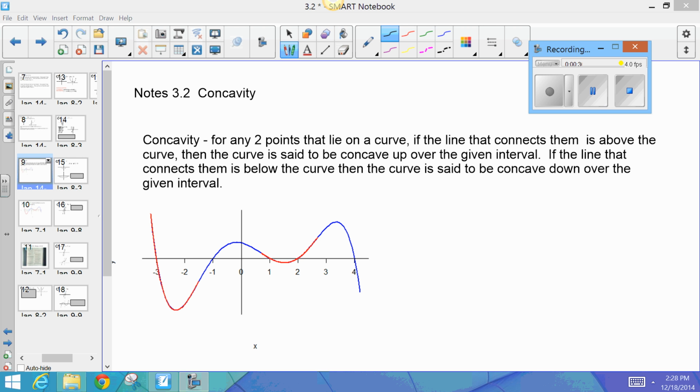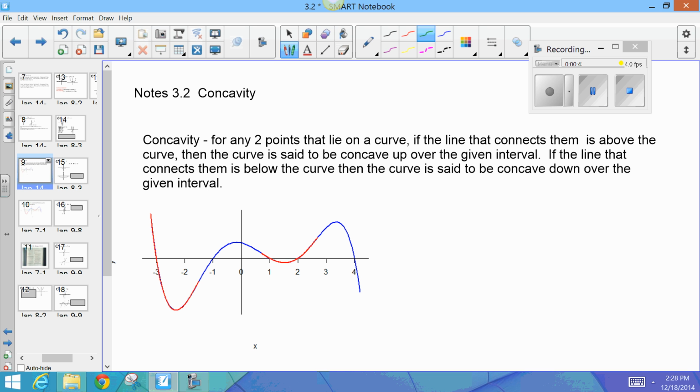So for this graph that's shown, it's shown in red for all of the intervals that are concave up, and it is shown in blue for all of the intervals that are concave down. And so what we're saying is if we take the endpoints of this red part here and here and draw a line, that line will be above the graph.